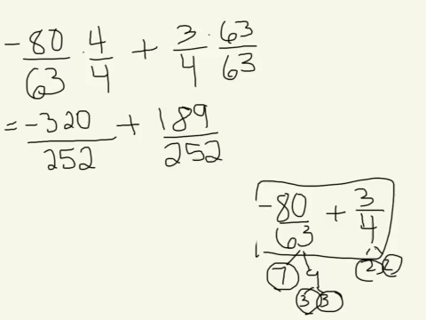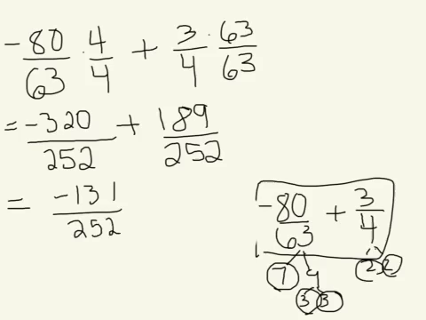And so finally, when we add the tops, negative 320 plus 189. Let's see what that gives us. Negative 131 over 252.